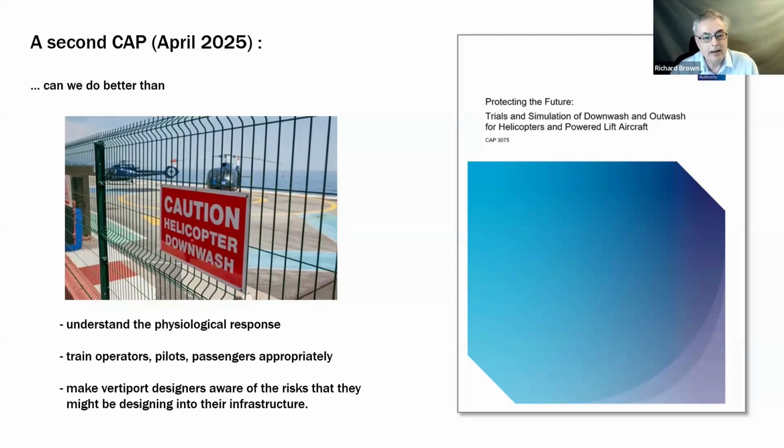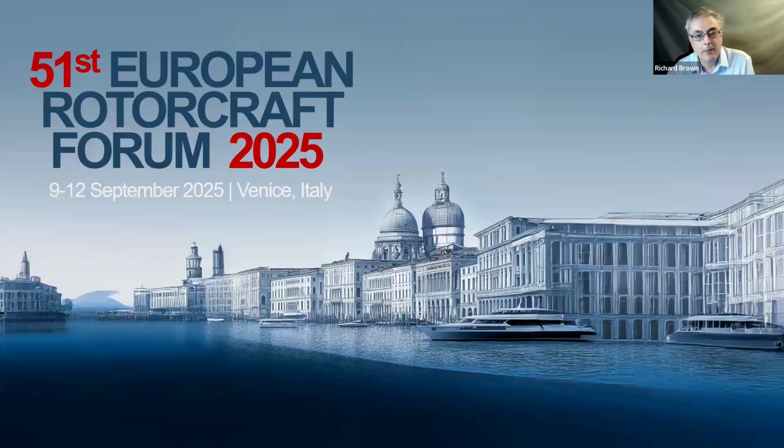And thirdly, to make vertiport designers aware of the risks that they might be designing into their infrastructure by adopting certain measures. Overly constrained landing areas, facades that were too close to the aircraft operating areas, various barriers and impediments put into the flow. Okay, so the second CAP was out in April 2025.